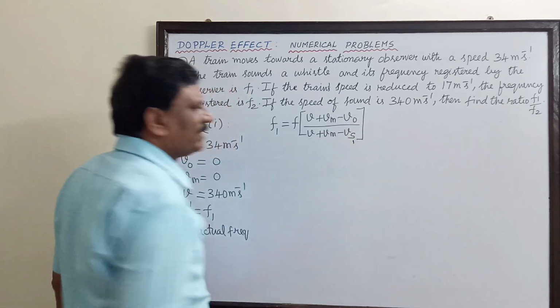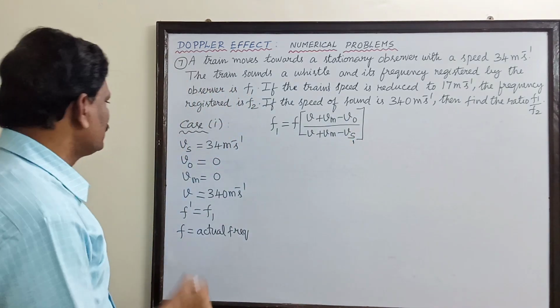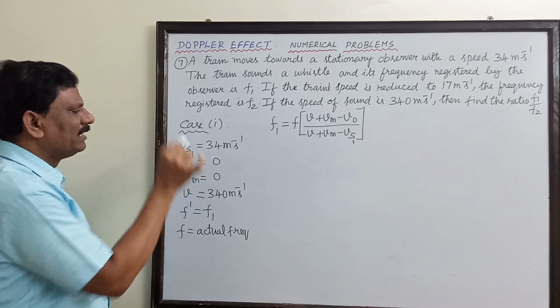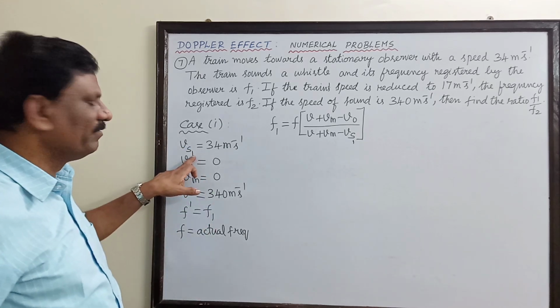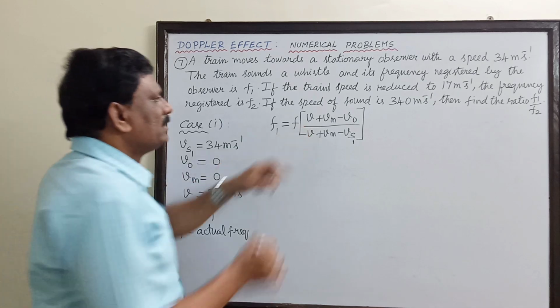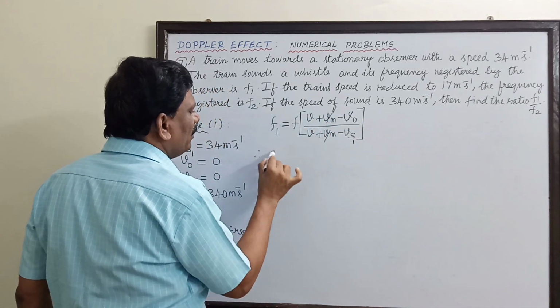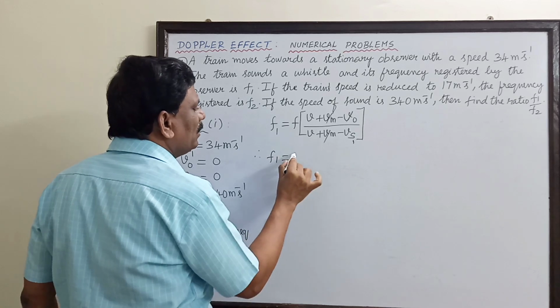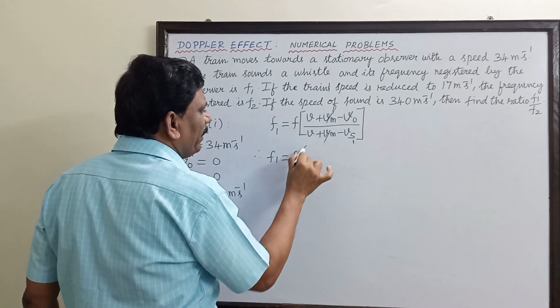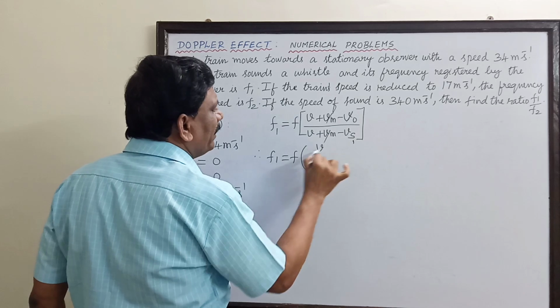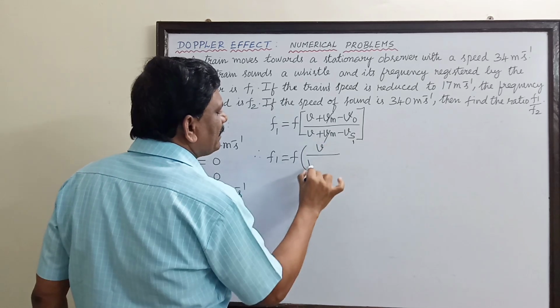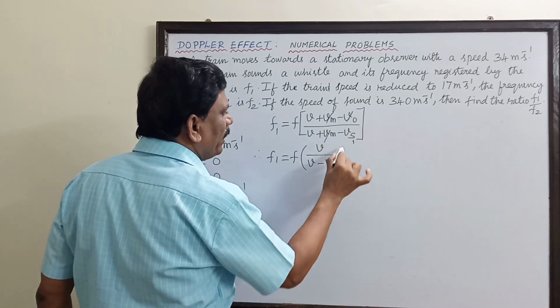In the first case, I will take the suffix 1 for V source. So Vm is 0, Vo is also 0. Therefore F1 is equal to F multiplied by V divided by V minus Vs1.